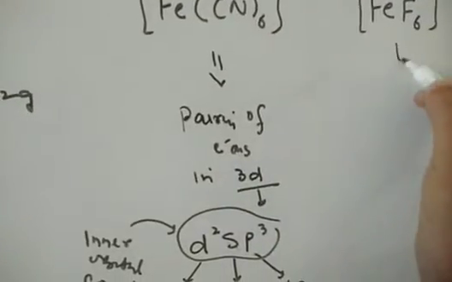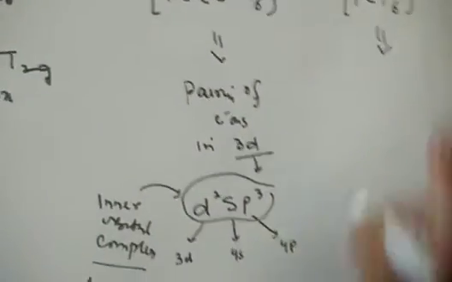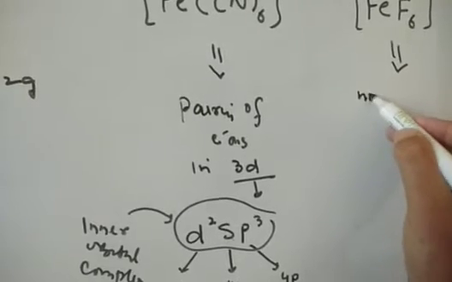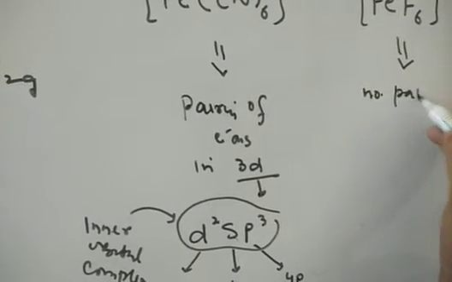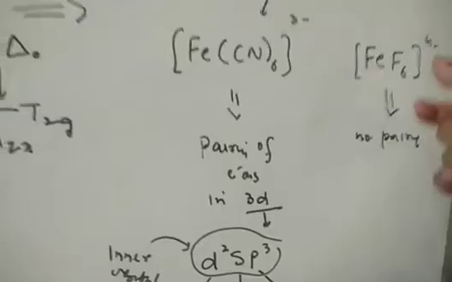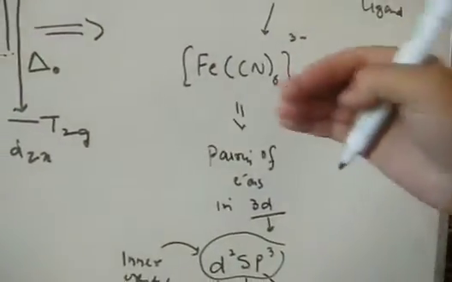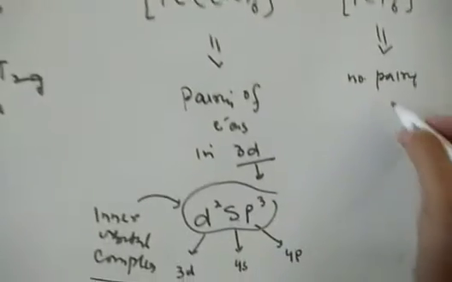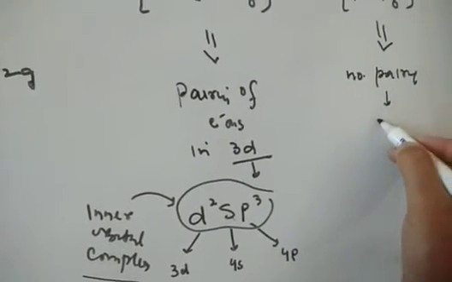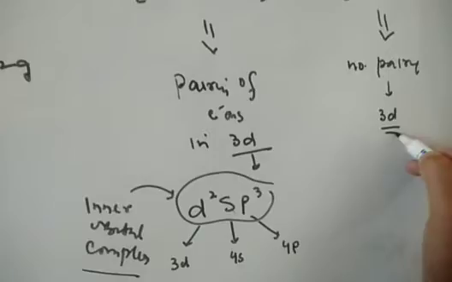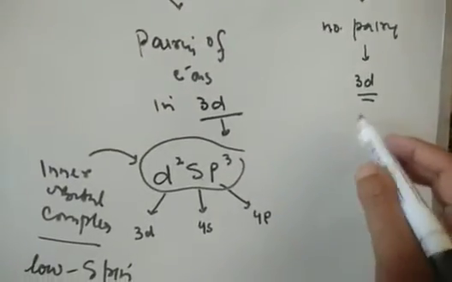But in the other case, no pairing of electrons takes place, because fluoride generates a weak field, which is not strong enough to make the electrons pair up in the d orbitals. So no pairing of electrons in the 3d orbitals, which means they are not available to make bonds.